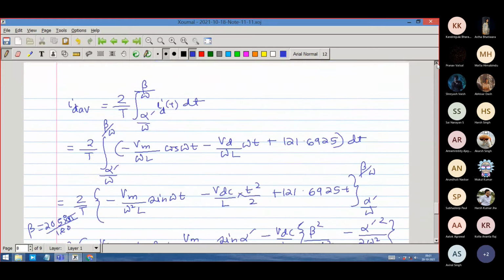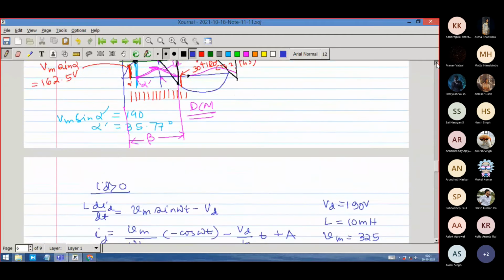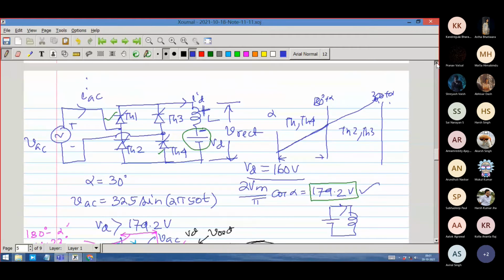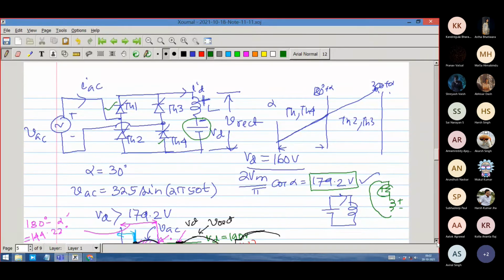So the effective voltage across the inductor is reducing, and the current falls to 0 somewhat earlier, not at 205 degrees but at 192 degrees.